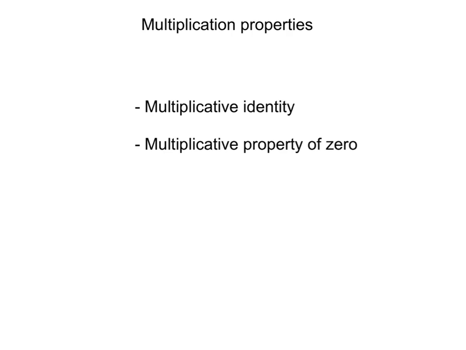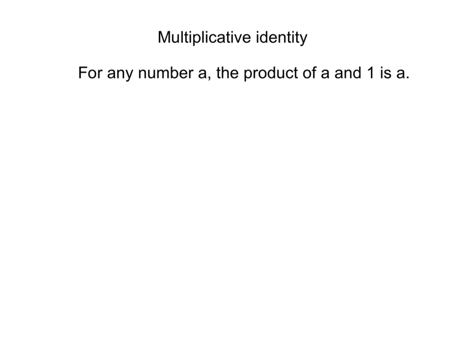We are also going to learn two multiplication properties. Those properties are the multiplicative identity and the multiplicative property of 0. For the multiplicative identity, it reads that for any number a, the product of a and 1 is a.